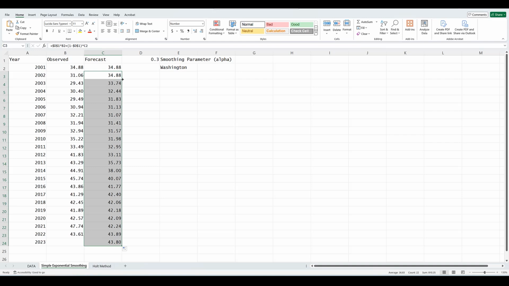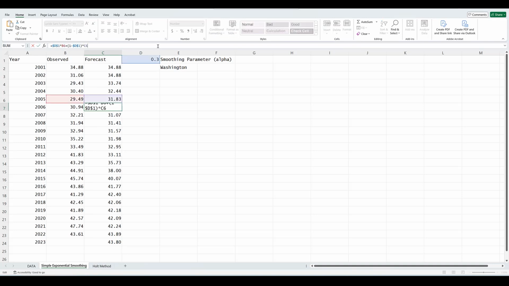And then we're now having our forecast all the way up to 2023. And you see that it is always the smoothing parameter times the previous observed value plus 1 minus the smoothing parameter times the forecasted value from the previous period. So this is how you're going to do the simple exponential smoothing.